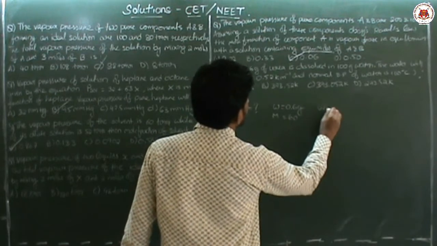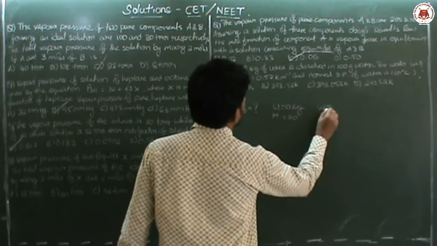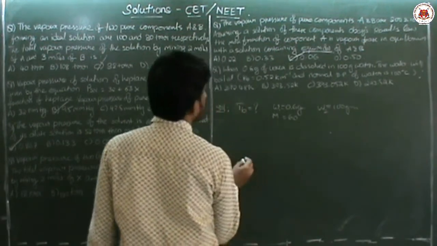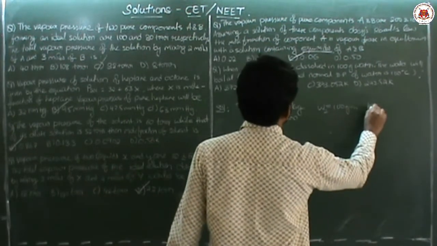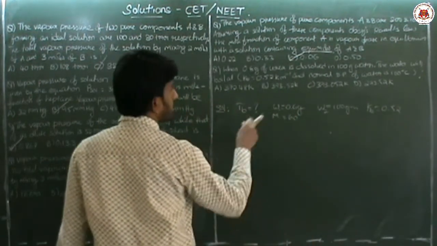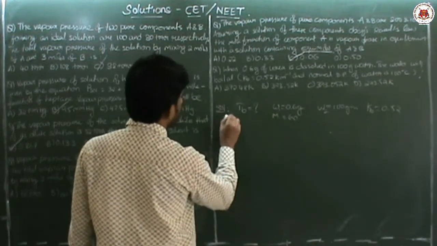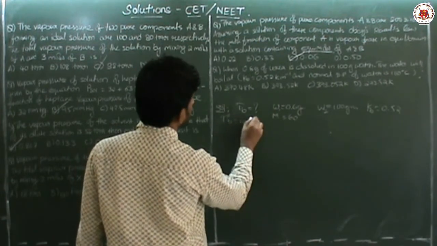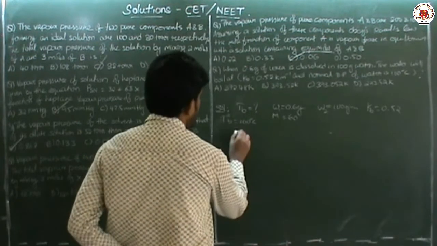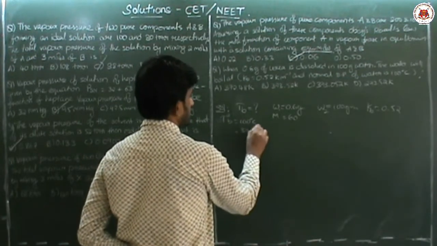Weight of the water is given, 100 grams. Kb, the ebullioscopic constant, is 0.52. Normal T0b is given as 100 degrees centigrade, which means 373 kelvins.